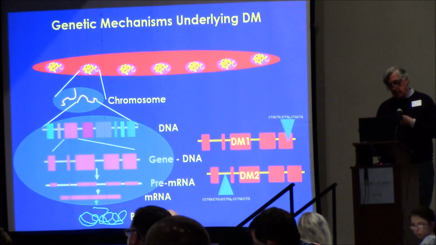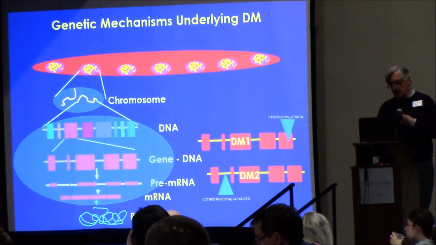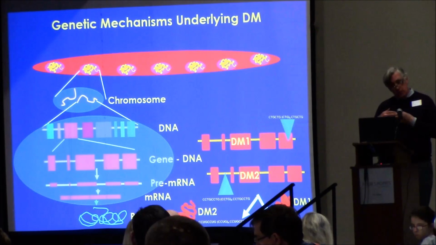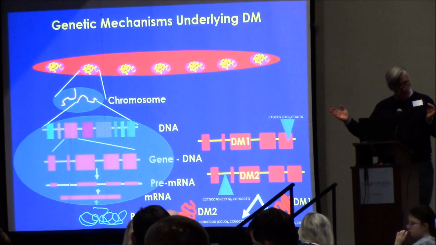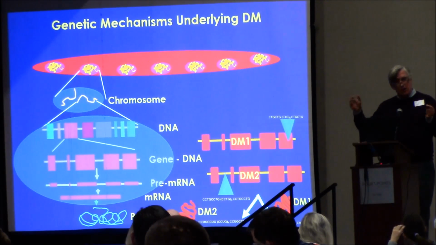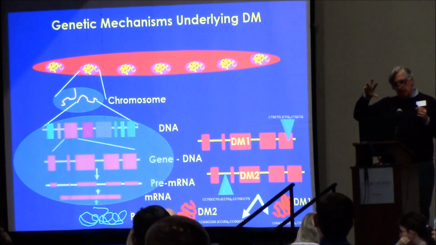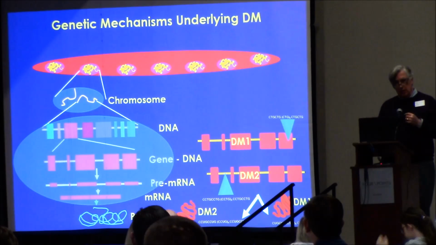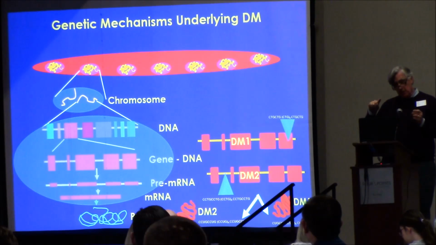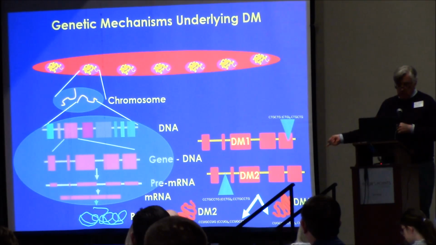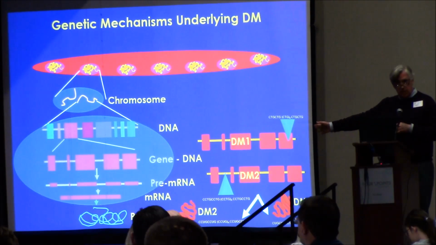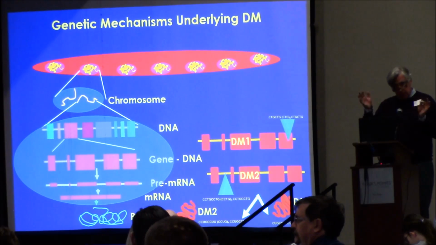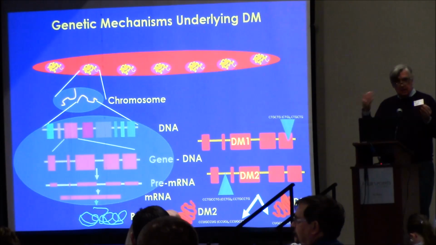And the reason it causes the problem is, again, stuck in that RNA, as Carla was saying, that when you read that repeat into RNA, it's so long, it tends to fold back on itself and get globbed up, and you have this glob that sticks in the nucleus. So while the RNA is supposed to either get transferred out of the nucleus to the protein-making apparatus or get degraded, this does neither of those.